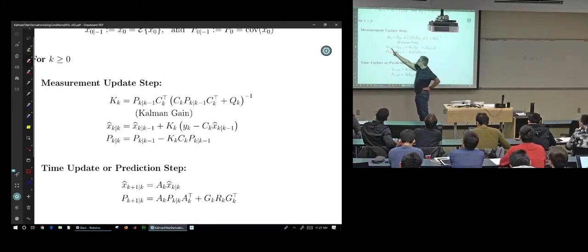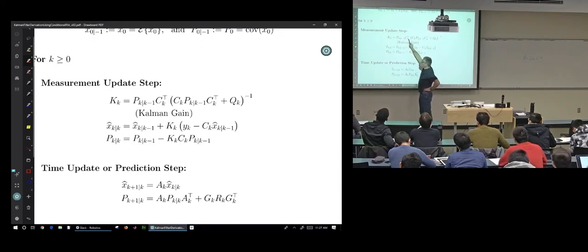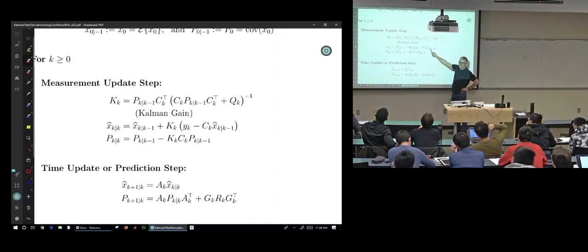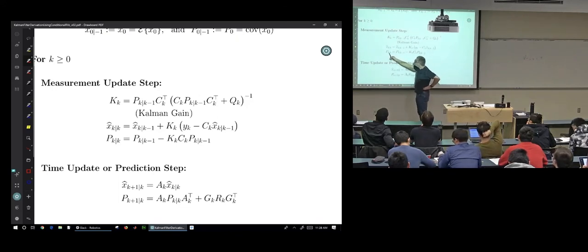The conditional mean at time k is the conditional mean at time k given k minus 1, plus the correlation matrix times the information matrix times the measured value minus the mean of y at k, okay? That's all it is. It's MVE. Here's the conditional covariance.